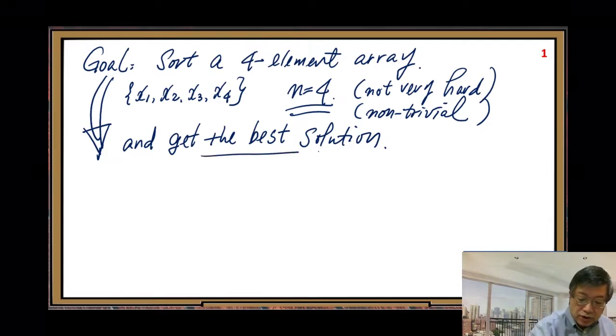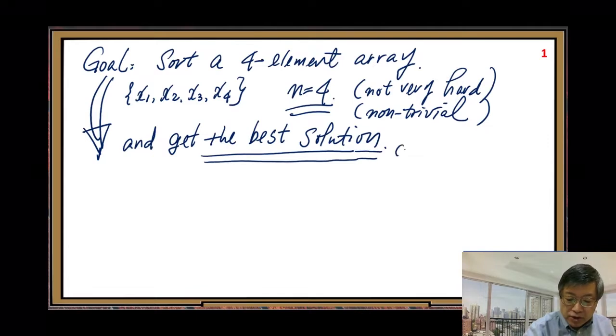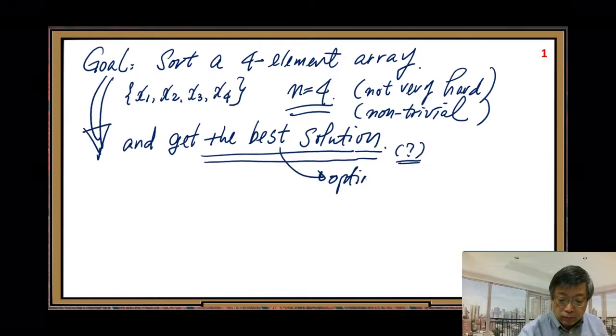The next question is how to understand this best solution. What is the exact meaning of the best solution? We really need to understand the meaning here. First, for the best, we have another word, optimal. Optimal solution means nobody can improve it.